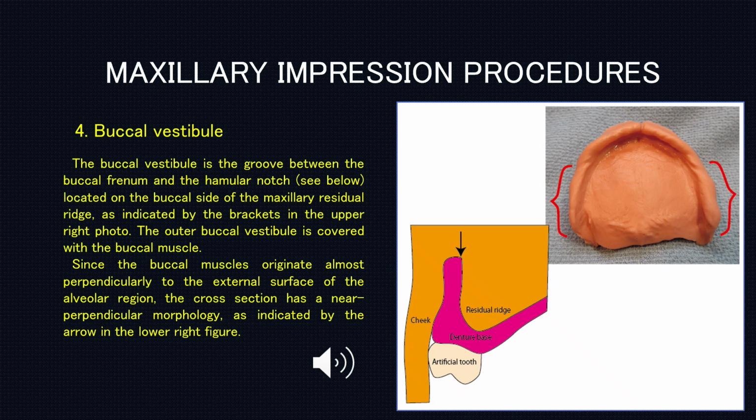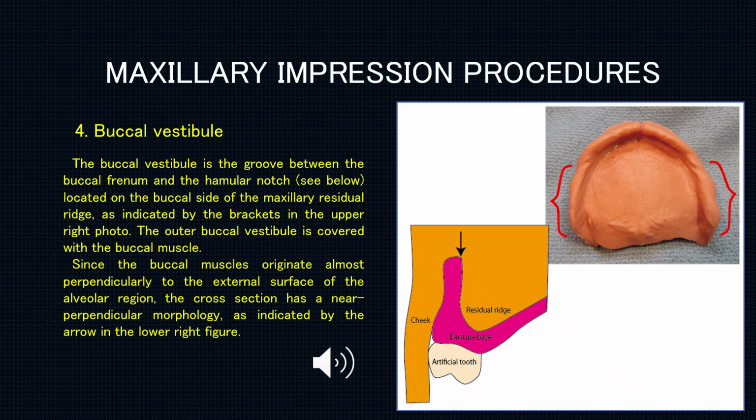Four. Buccal vestibule. The buccal vestibule is the groove between the buccal frenum and the hamular notch. See below. Located on the buccal side of the maxillary residual ridge, as indicated by the brackets in the upper right photo.